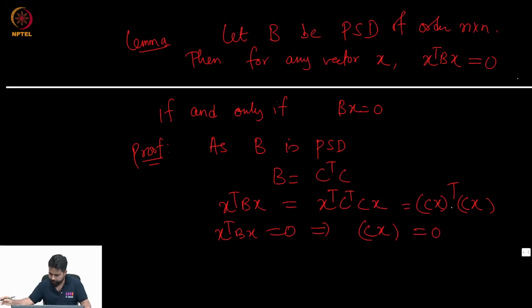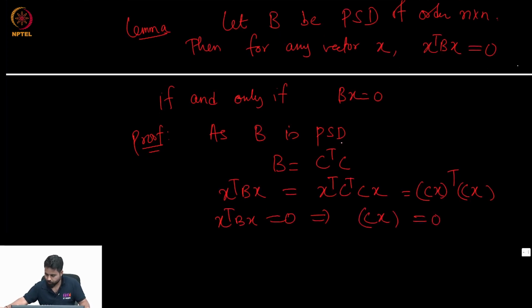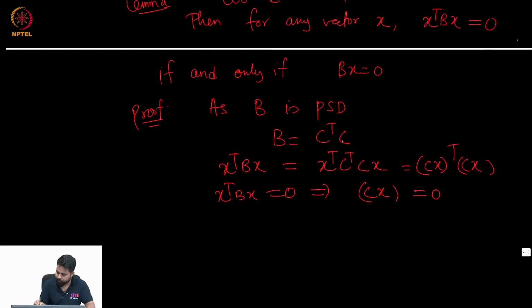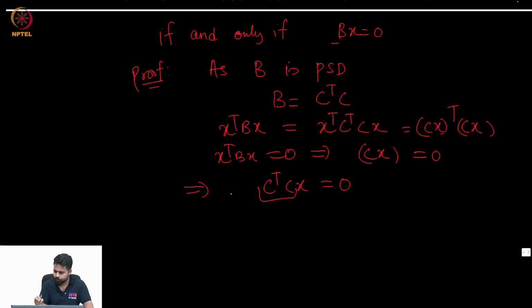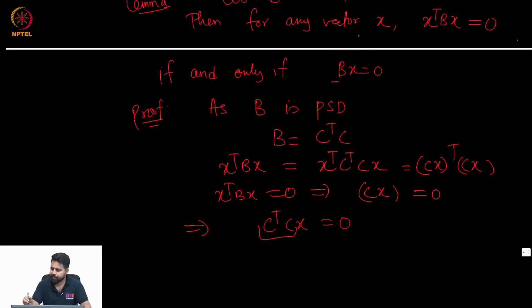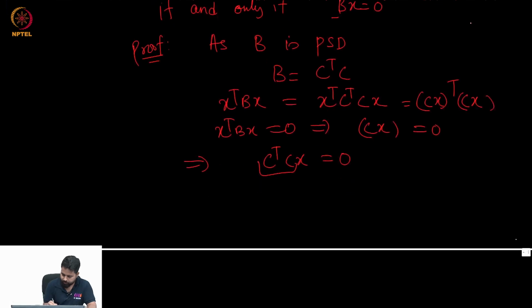So Cx is 0, and this further implies that C transpose Cx is equal to 0. So we have proven one part, that this implies Bx is equal to 0, and the converse part is actually very obvious. If Bx is equal to 0, then X transpose Bx is 0. So the converse is straightforward.